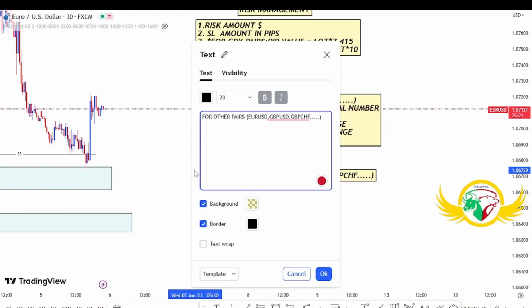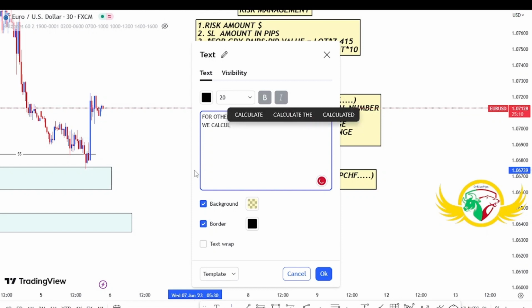So normally they have 4 decimal numbers. We calculate pip on the 4th decimal number.